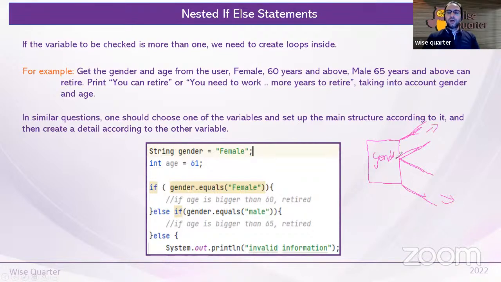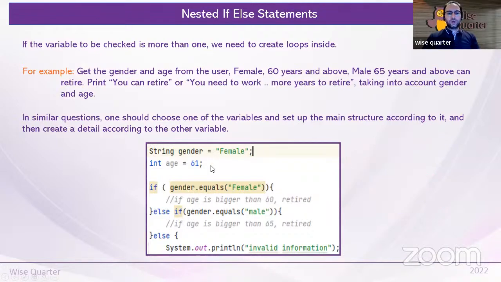In each code, after checking the gender, I want to check the age. If the person is a female, I will check age according to that gender. If it is a male, I will check age. I cannot write according to that gender. This is called nested if.